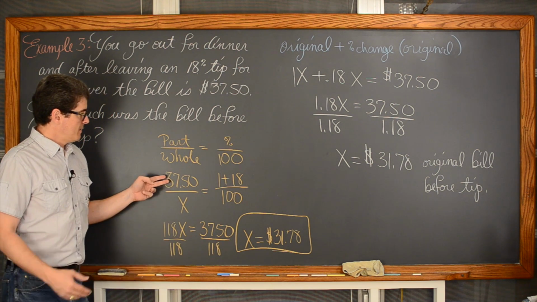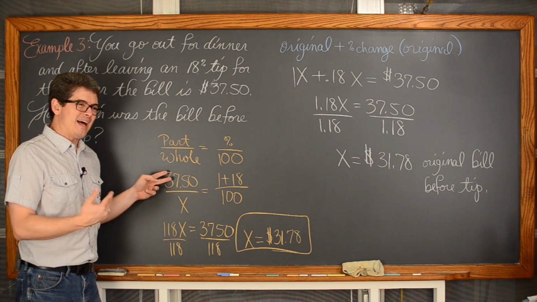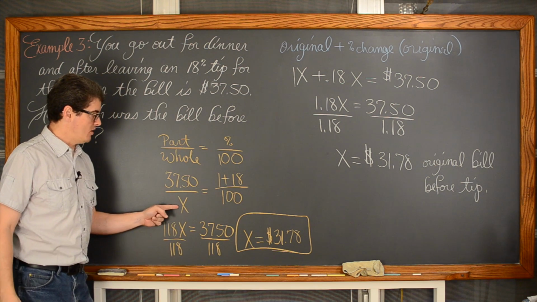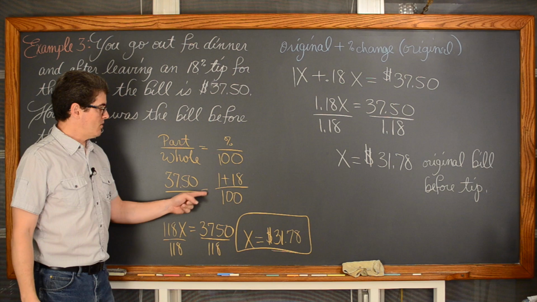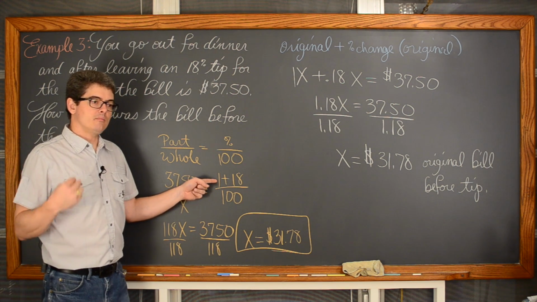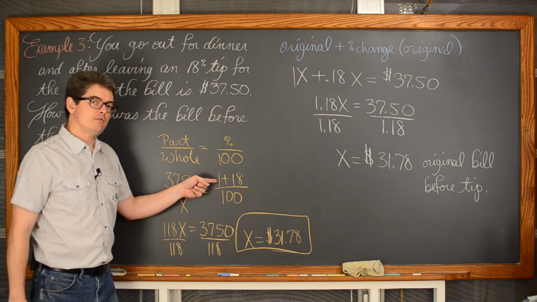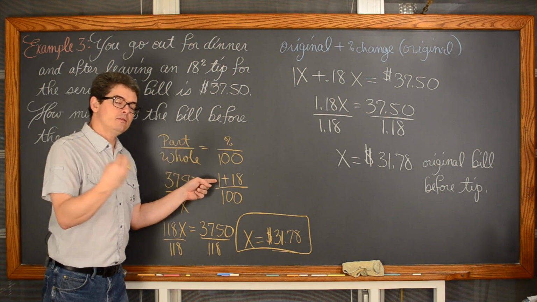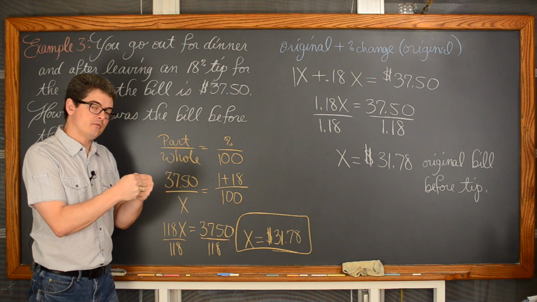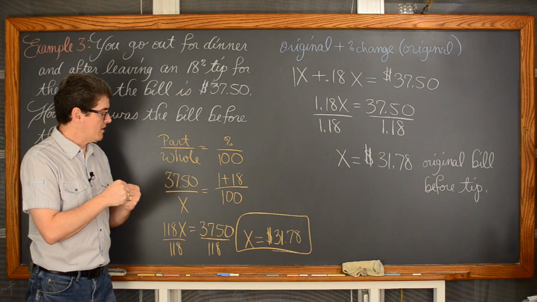So we have the new value, if you will, after that whole 118% has been applied, is $37.50 over the original amount. That was the value, the part after that application of the 18% tip and the 1 to hold, again, that original 100% of the original value.